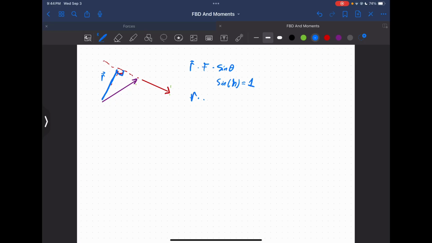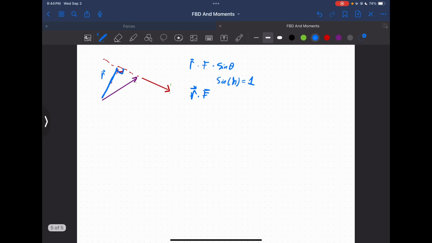So it's just r times F, right? And that's why it's sine, because the more perpendicular, the greater that moment. The less perpendicular, the smaller that moment. So it just has to be perpendicular to the line of action. But both of them do the same thing.